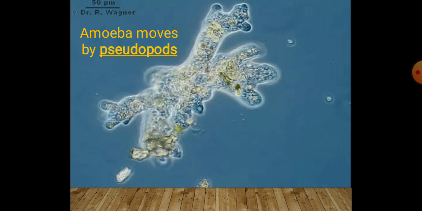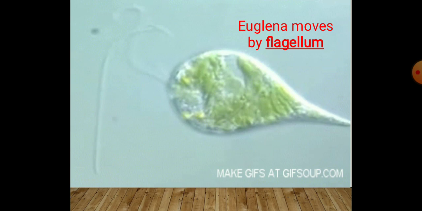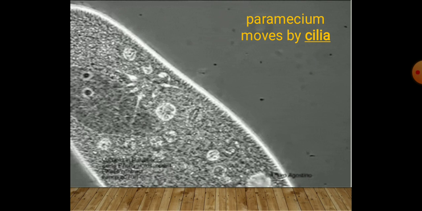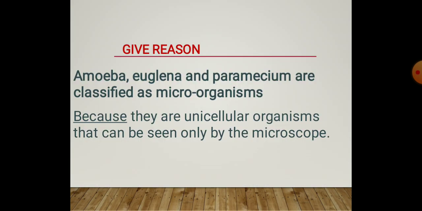The movement of Euglena and the Paramecium movement. Give reason. Amoeba, Euglena, and Paramecium are classified as microorganisms because they are unicellular organisms that can be seen only by the microscope.